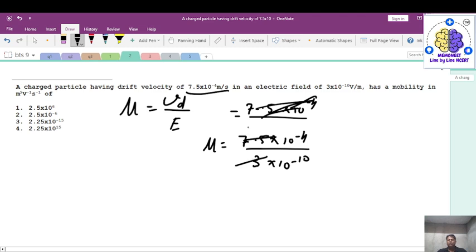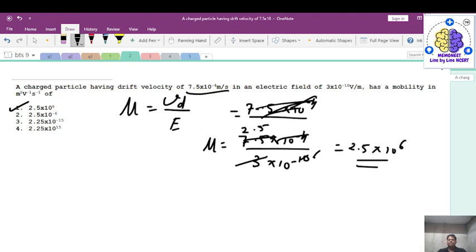So this will give you 2.5 and this will give you 2.5 into 10 to the power of 6. 2.5 into 10 to the power of 6 is the first option itself. That is, the mobility of the free electron over here is 2.5 into 10 to the power of 6, right?